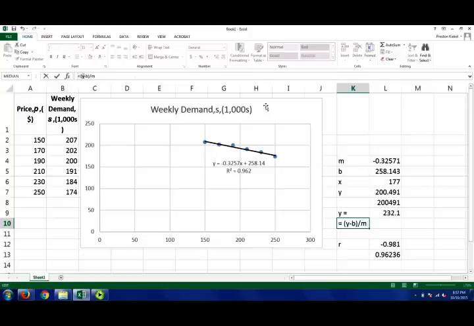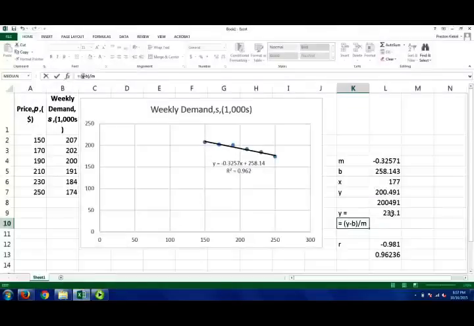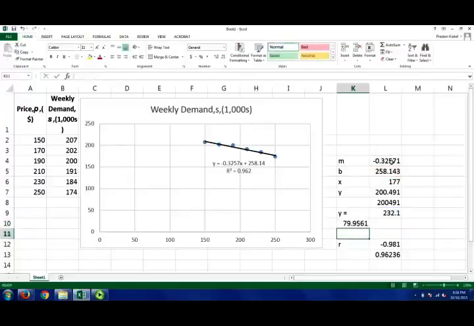Equals, my y value was given to be, what was it again? 232.1, which is right here. Y minus the intercept, 258, and then divide that result by the slope. Hit enter, and I'm going to get x.